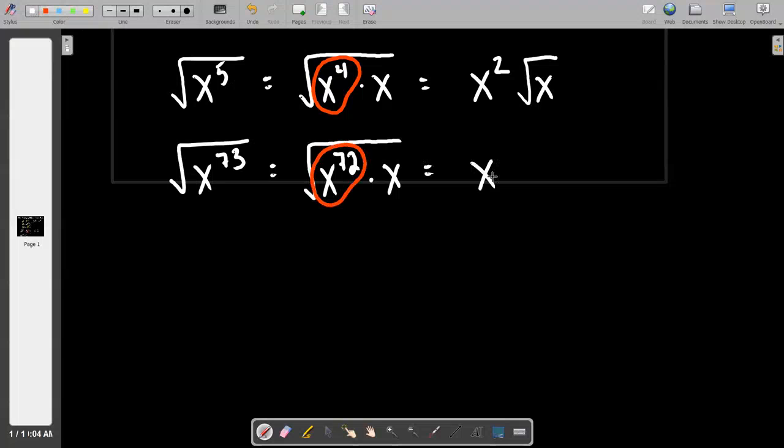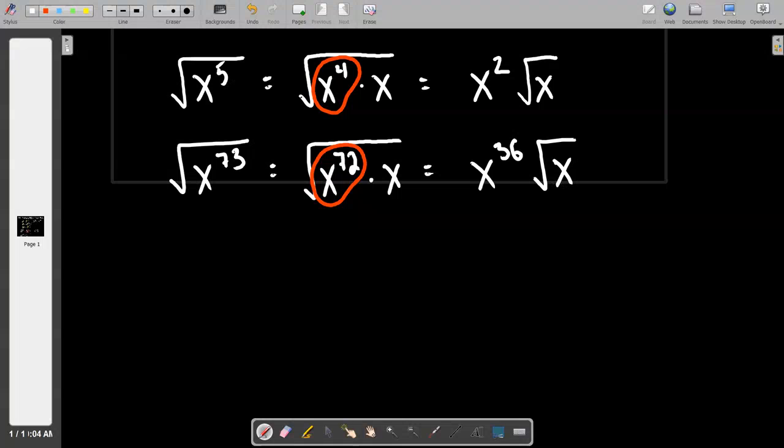X to the, what's half of 72? 36. So we break out of jail, x to the 36th, and he leaves his homie, x, stuck in the slammer. Got it? That's how you approach variables when they're odd powers: you break it into the biggest possible even power with the leftover 1.